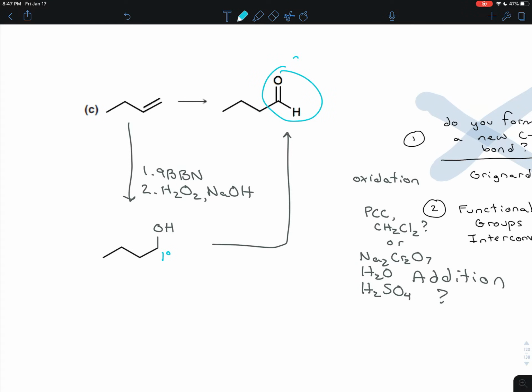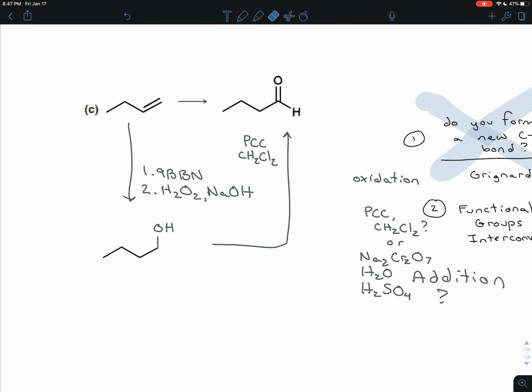What we want is an aldehyde, right? This is a carbonyl with a hydrogen bonded to it, so it's an aldehyde. So how do you turn a primary alcohol into an aldehyde? The only way you can do that is with a weak oxidizing agent. So you'd have PCC, pyridinium chlorochromate, in methylene chloride.